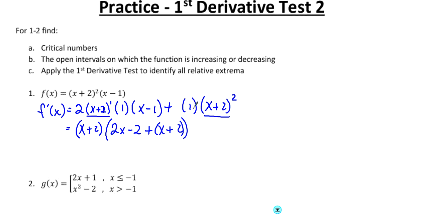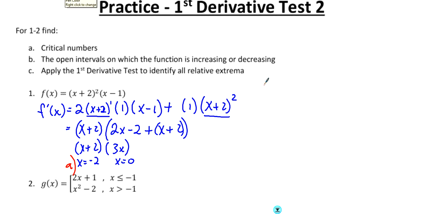So when I factor it, I get that, and then when you take 2x plus another x, you get 3x, and -2 plus 2 is 0, so you get 3x, which makes finding my critical points really easy: x = -2 and x = 0. Okay, so those are my critical numbers. This is part A, critical numbers.